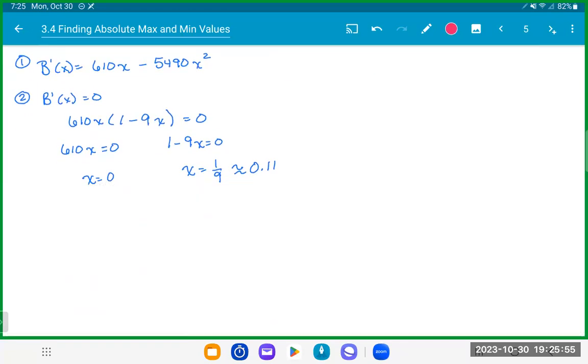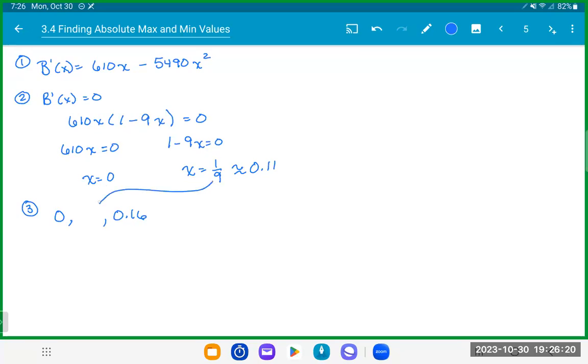So now in my third step, I need to list my critical points and endpoints. My endpoints are 0 and 0.16. And I already have 0, so I don't need to list it twice. I only need to do it once.